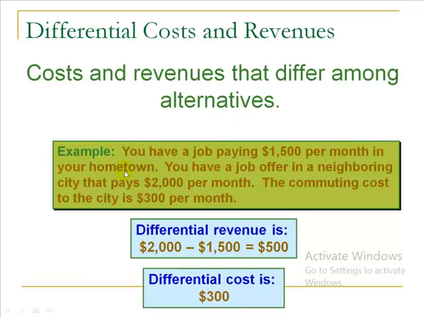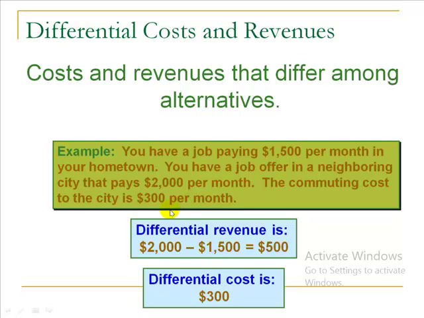Suppose you have a job offer in a neighboring city, let's say Surkhrut, that pays 2000 per month. The commuting cost to the city is 300 per month, right?